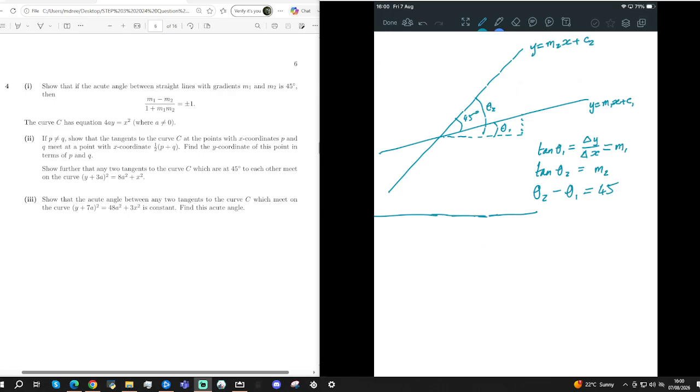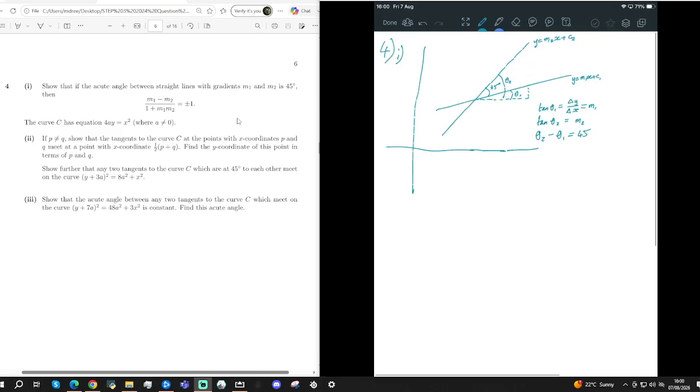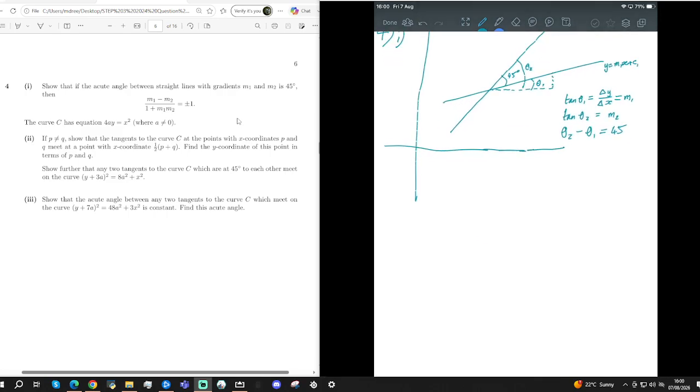Well, hopefully you might even recognize the shape of the answer they're giving us: something minus something over 1 plus the product of those things. That actually should remind you of the addition formula for tan. So I'm going to first recall tan of A minus B, because that's what causes the top to be a minus and the denominator to become a plus.